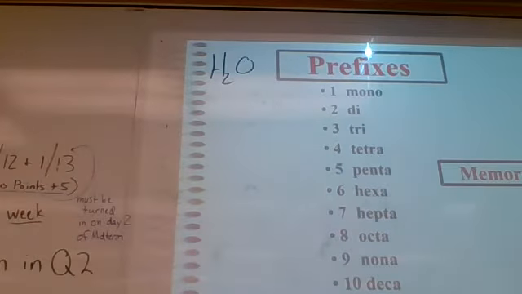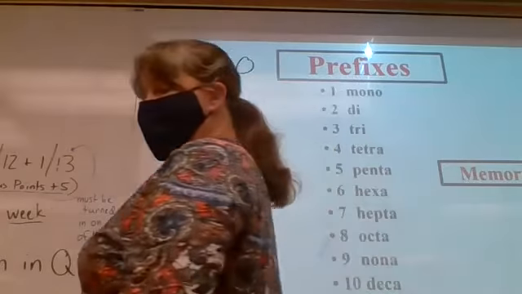1 is mono, 2 di, 3 tri, 4 tetra, you can read, 5 penta, 6 hexa, 7 hepta, 8 octa, 9 nona, and 10 deca.